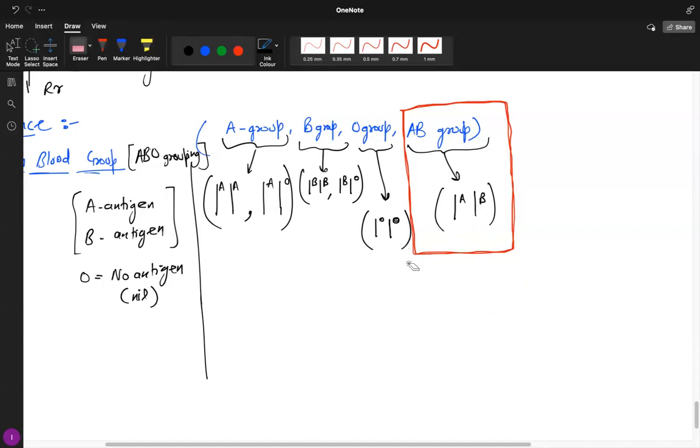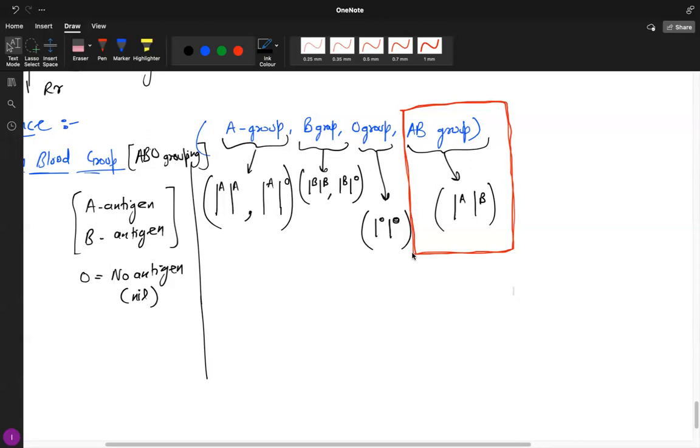Yes, sir. So write down very clearly that in the ABO blood grouping in humans, the AB blood group shows codominance of allele A and B.